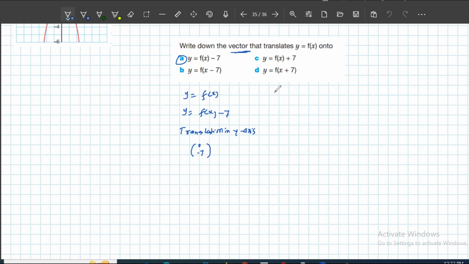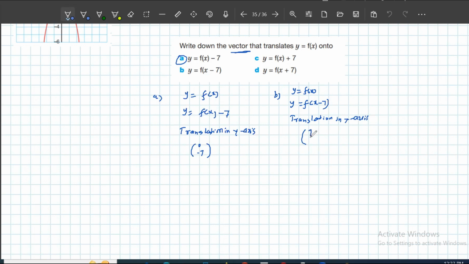And if we try part b, this was a, we have the original function y is equal to f of x. Now y is equal to f of x minus 7. So this is translation in the x-axis, and the translation vector is, remember, we always take the opposite sign.